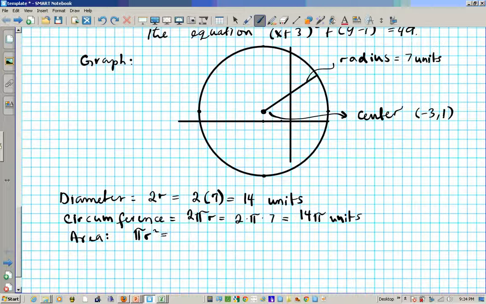So it's going to be pi times 7 squared. So our area is simply going to be 49 pi square units. Okay? So that's that for the first part of the notes.